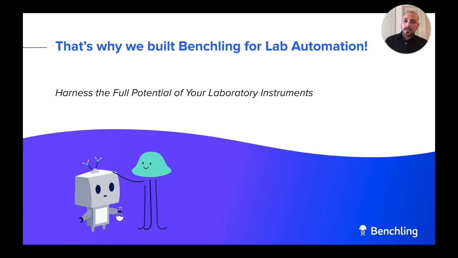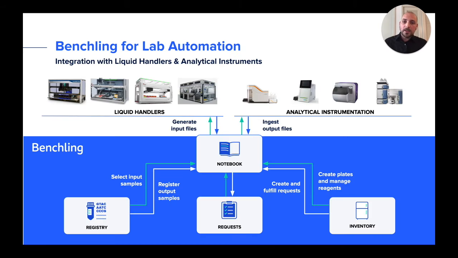That's why we invested in Benchling for lab automation. We already know that Benchling is very well suited to be used in a wide variety of different scientific use cases, right? In a wide variety of different contexts. We have very large organizations that have deployed Benchling in all sorts of different labs doing all sorts of different things. So we're able to be generalizable.